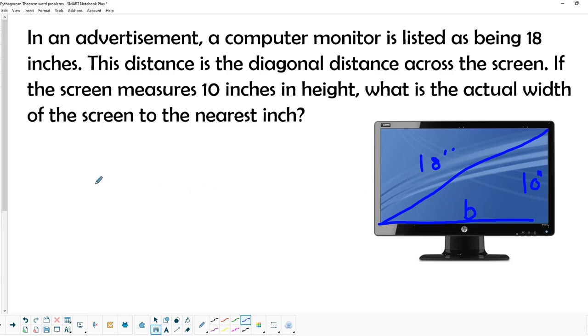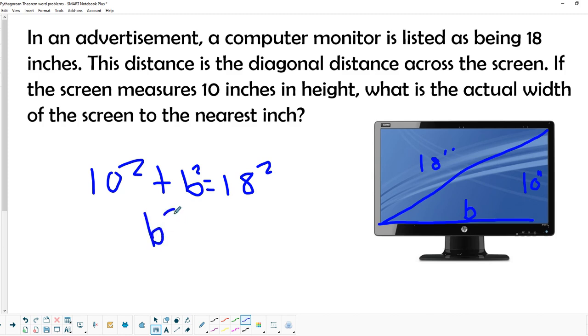So we'll go a squared, 10 squared, plus b squared. So 10 squared plus b squared equals 18 squared. Or b squared equals 18 squared minus 10 squared.